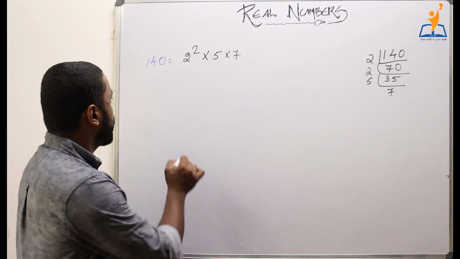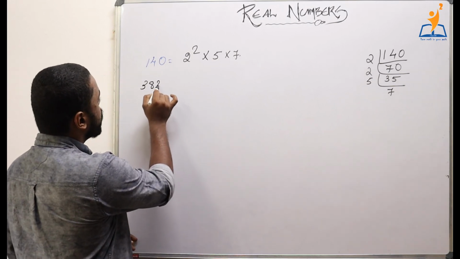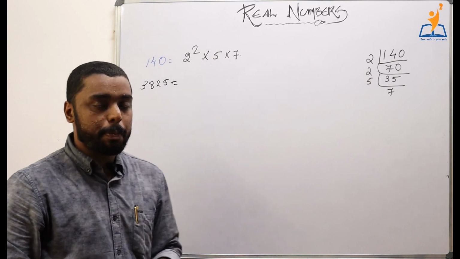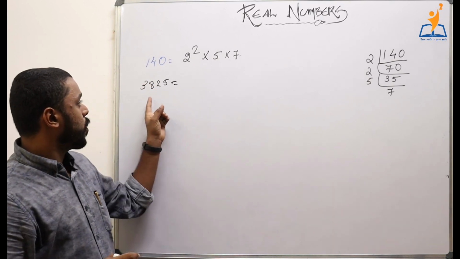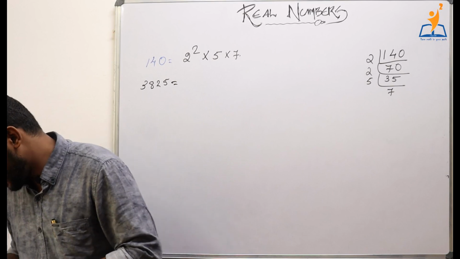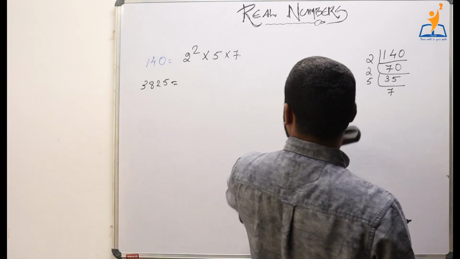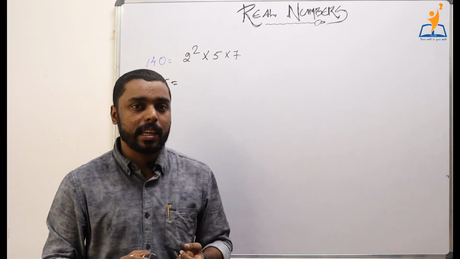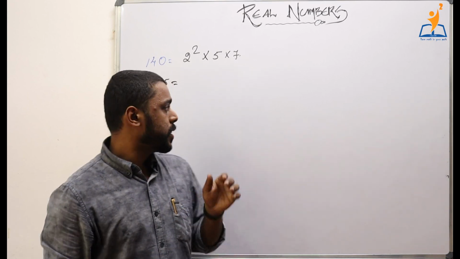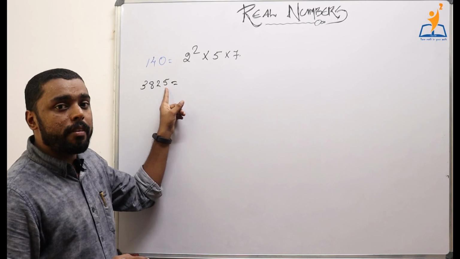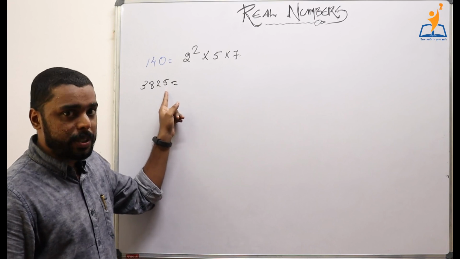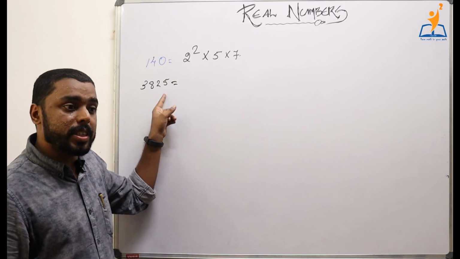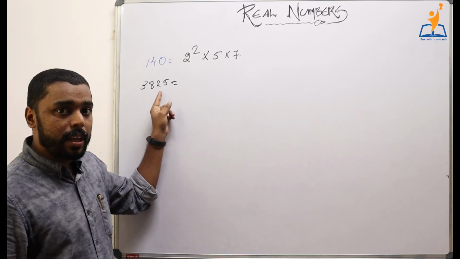Now we have another one, 3825. We have to find the prime factorization of 3825. How can we do this? Just like the previous examples, just do the division. Since it ends with the number 5, it is not divisible by 2, which is easily observable. Then it may be divisible by 3. If not, it will be divisible by 5, since it ends with 5.